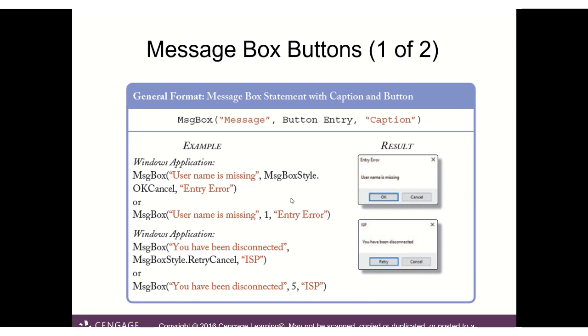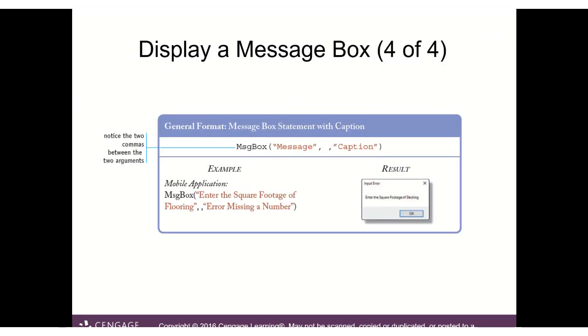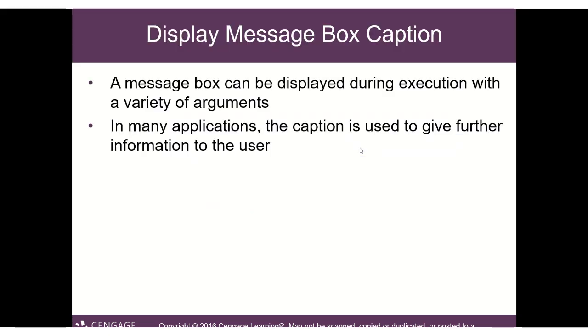So there can be separate discussions on the buttons on the message box. You might have seen that in our message box object we left the second option blank. We have one argument, the message, then a comma, and there should be a second argument, but we did not put anything there, it's null, and then the caption.